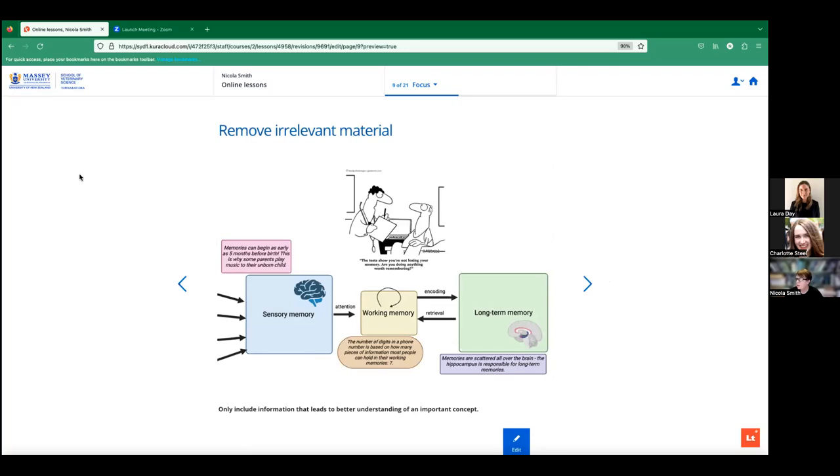So have a look at this diagram here. You might recognize it as basically the same diagram I gave you a few slides ago about cognitive load, the fact that we have a sensory memory, a working memory, and a long-term memory. But this time I've put in a cute little cartoon, which maybe you can read or you can't read, but it's funny. And there's also a couple of little quirky bits of information and some pretty colors in there. And that would be a good idea, wouldn't it?